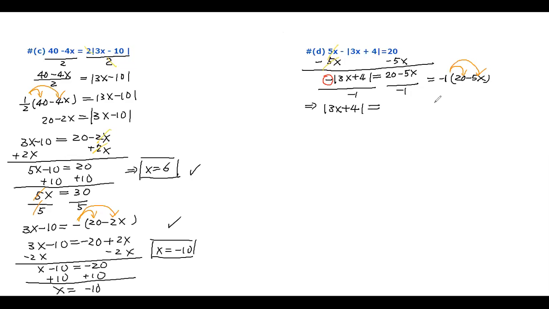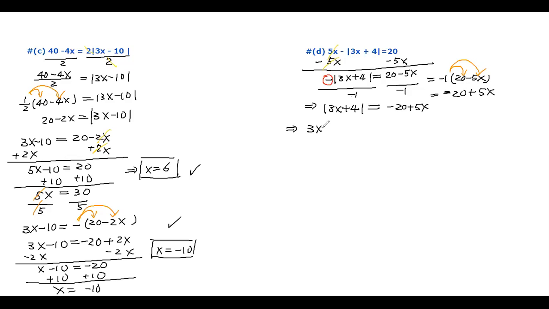This will be negative 20 plus 5x. So far so good? Okay, so far I did not try to break the absolute value yet. I just changed it in order to be able to break it up. So now I can break it up.